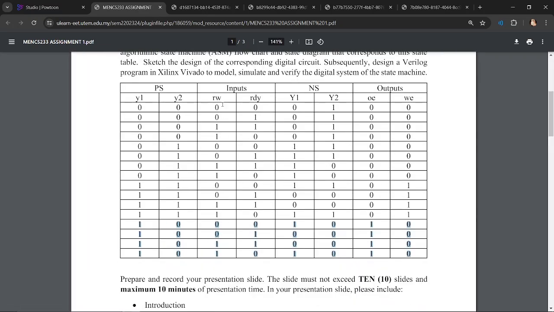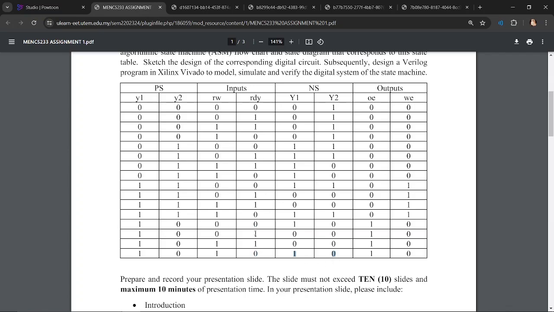When your possible next state is 1,0, which is itself, and also 0,0 with respect to S0, how do you get 1,0? Now it doesn't look at RW, it looks at RDY. If RDY is 0, it will stay in its own state, so S2 will remain S2.